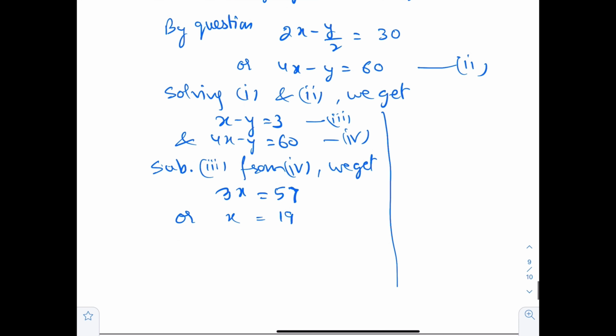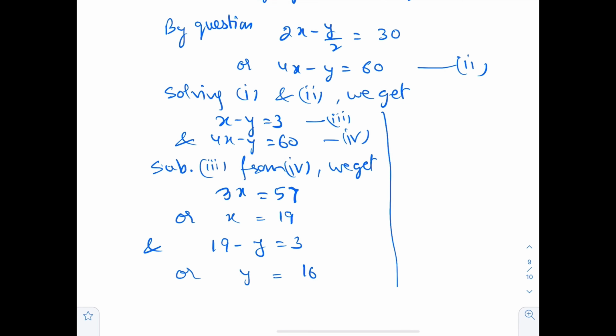So substitute this value x in equation number 3rd. So we get 19 minus y equal to 3 or y equal to 16. So in this case, and second, suppose we take x minus y equal to minus 3 and 4x minus y equal to 60. So this is equation number 5th and this one is equation number 4th.